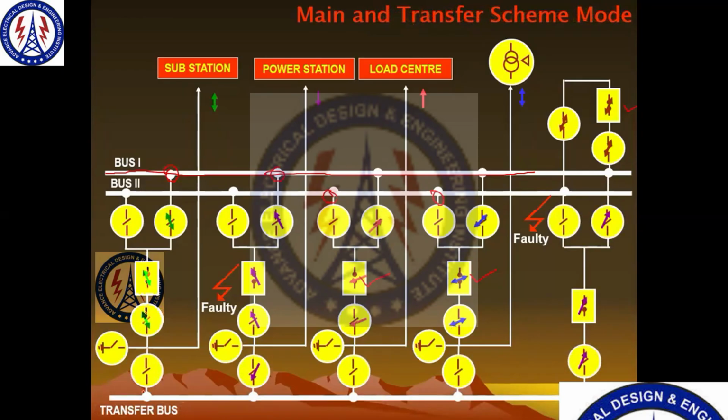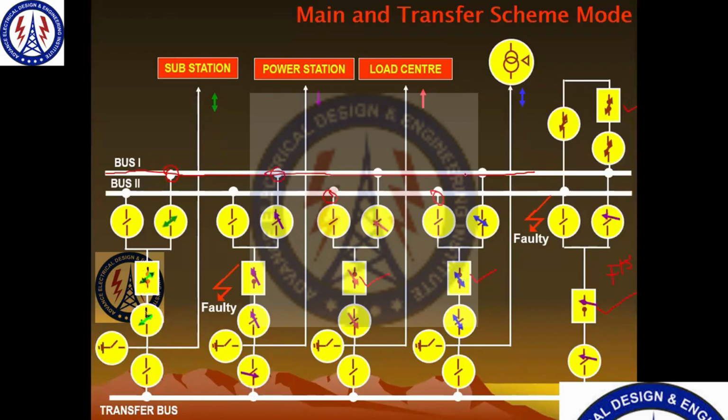You connect this transfer bus along with one isolator to each feeder. So what we have introduced here is one TBC, again one circuit breaker.